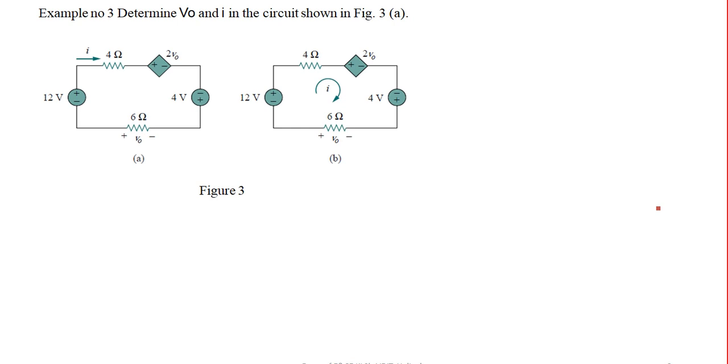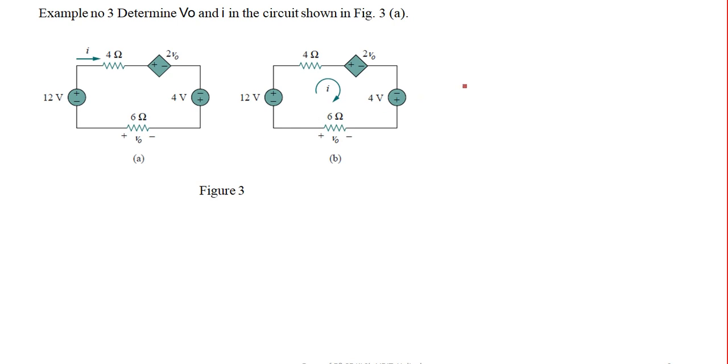Here we have a problem associated with dependent sources. As you can see, what is the requirement here? You need to solve for V0 and I, right? These are the two unknowns here.